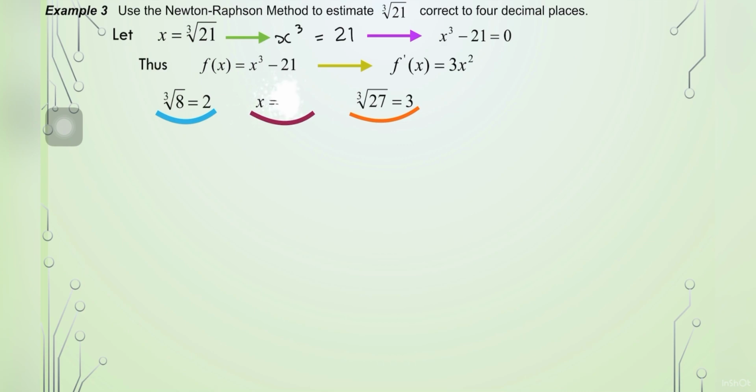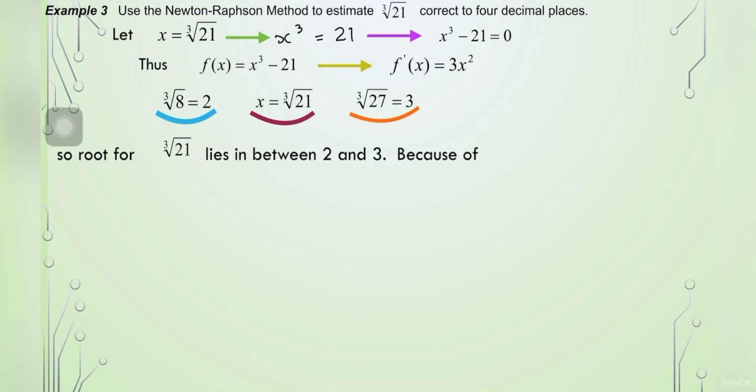So the cube root of 21 is in between 2 and 3, because f(2) equals minus 13 and f(3) is positive 6. So we have a different sign. This confirms that the root lies in between 2 and 3.